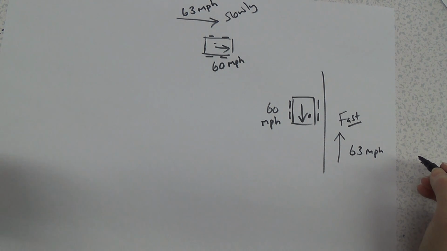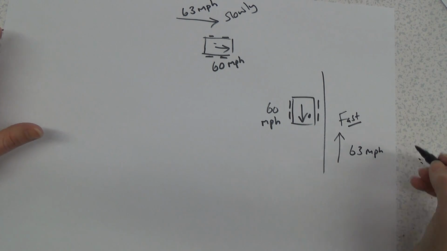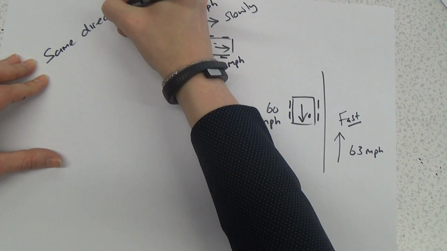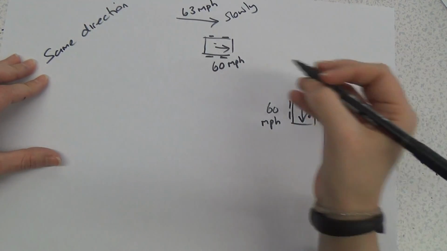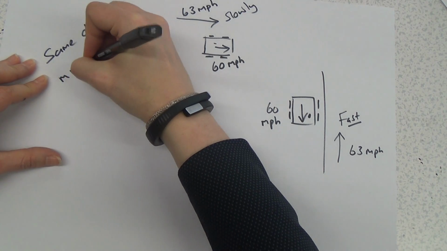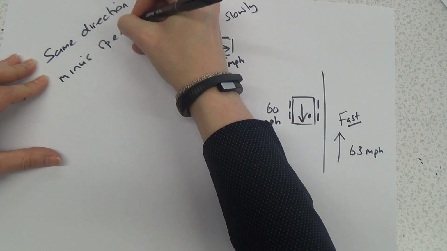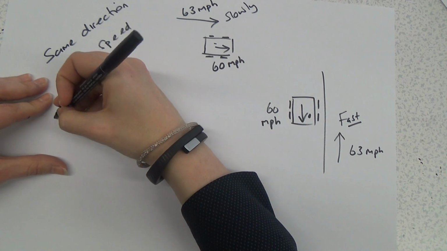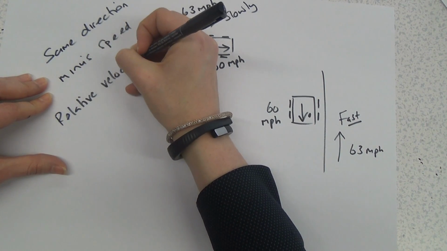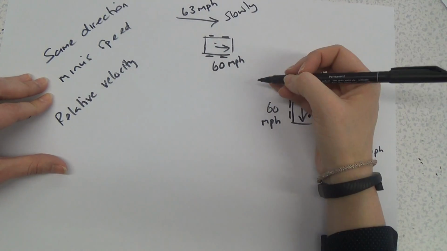When it comes to working out questions, there is a nice, easy way to actually be able to do this. If the two cars are moving basically in the same direction, so same direction, you take the speeds away from each other. So it's minus speeds. So that means the relative velocity will be the difference between 60 and 63.